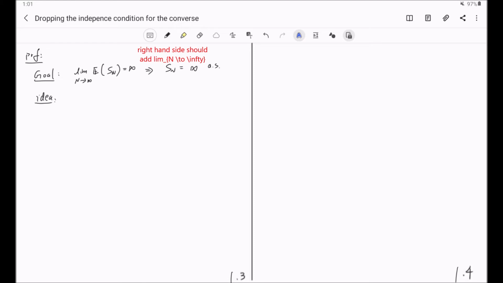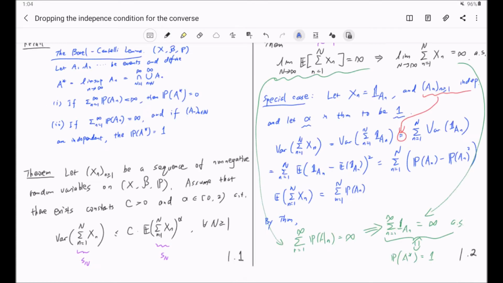If we could somehow prove that S sub n is greater or equal to some positive constant times this guy, almost surely in some sense, then we'll be able to conclude this. And we only need to show this for large n's. And we have to utilize our condition in some way. Namely, we have to use this somewhere.